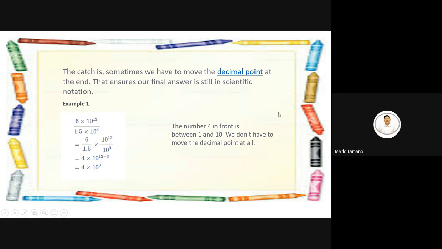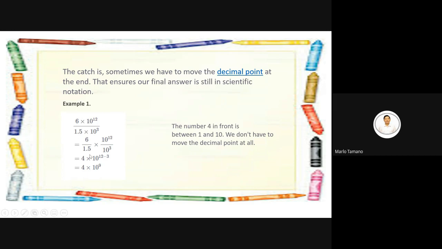Let's try this. Example number 1. 6 times 10 to the 12 divided by 1.5 times 10 to the third power. Then let's see the coefficient. We have here 6 divided by 1.5 times 10 to the 12 divided by 10 to the third power.